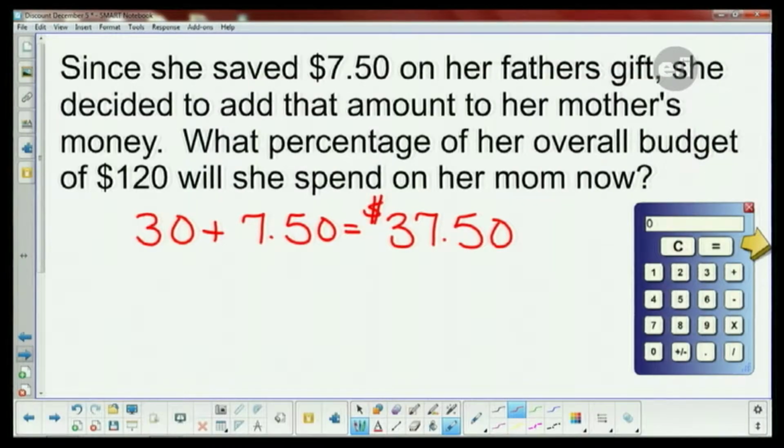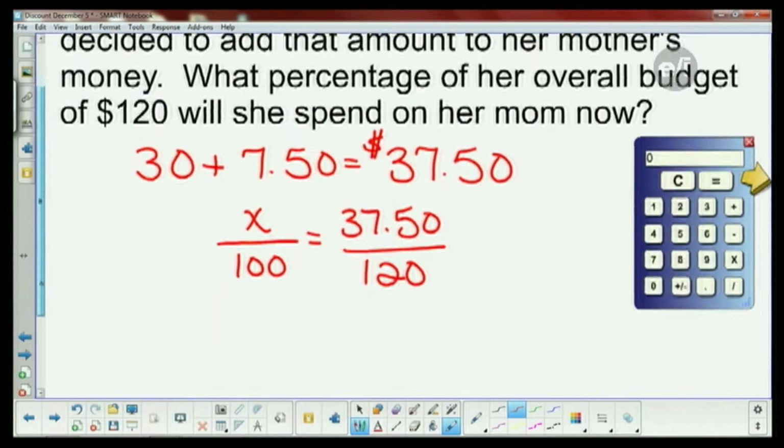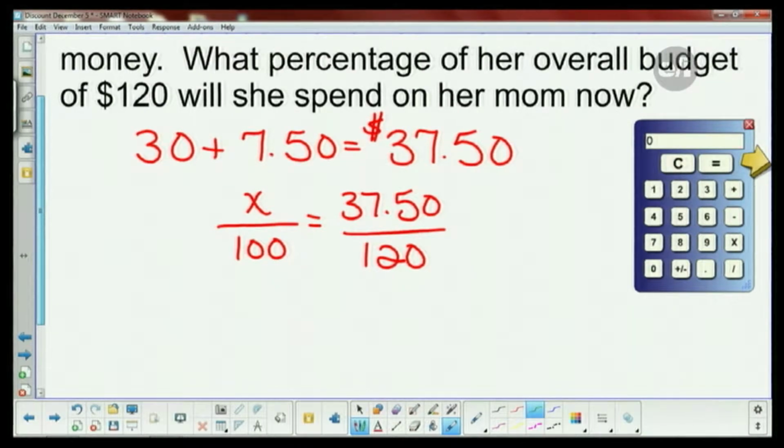If she does that, what percent of her overall budget has she spent on her mom? Well, remember, we're finding percent, so it's X over 100 is equal to 37.5 over 120. And I can do all this right on the calculator. You can cross multiply here, so you get 3750 divided by 120.